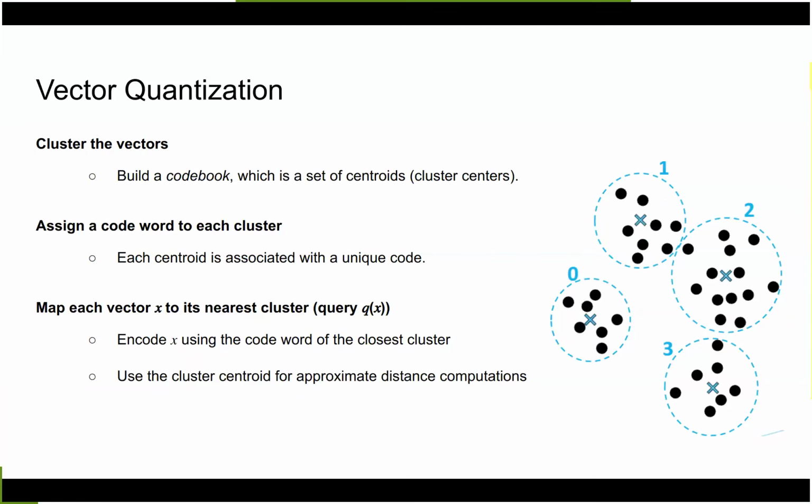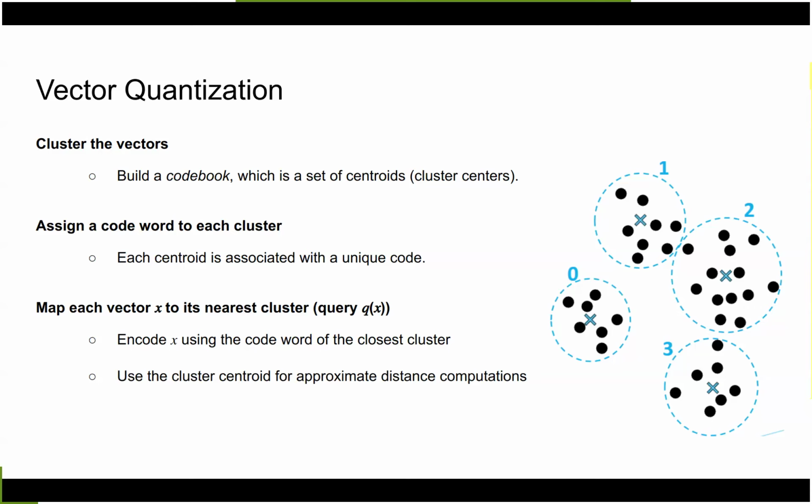So another approach is vector quantization, which is basically the same thing as clustering. You want to represent different vectors in each cluster by the centroid of that cluster. Very simple approach. At the end, you don't store all the vectors in that cluster. You only store one centroid of that cluster.